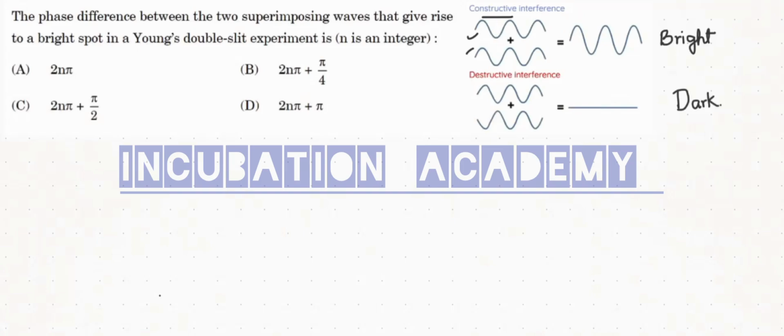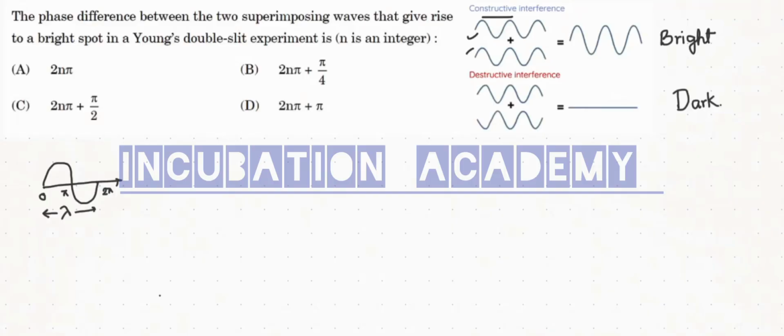For this purpose, one thing we need to understand is that if one wave is like this, then several parameters are known to us. This is called lambda, which is the wavelength. Then the phases are 0, 2π, and π.